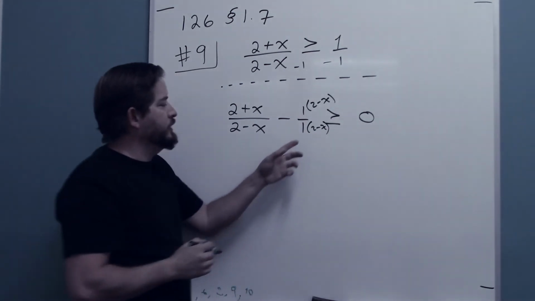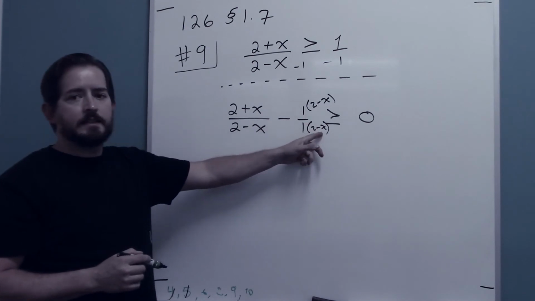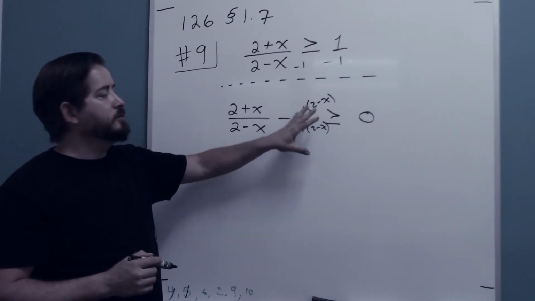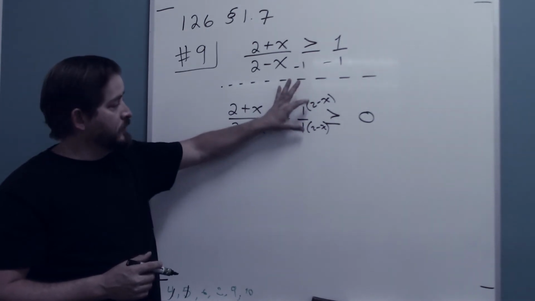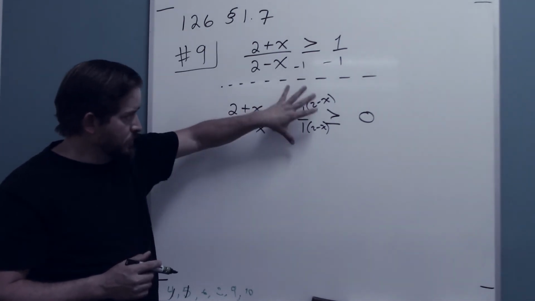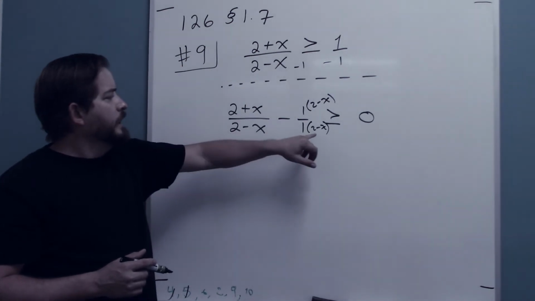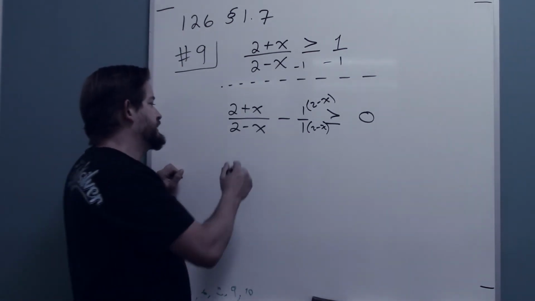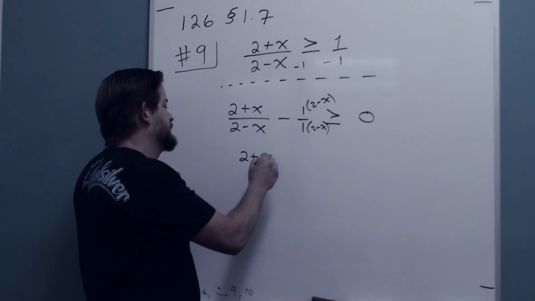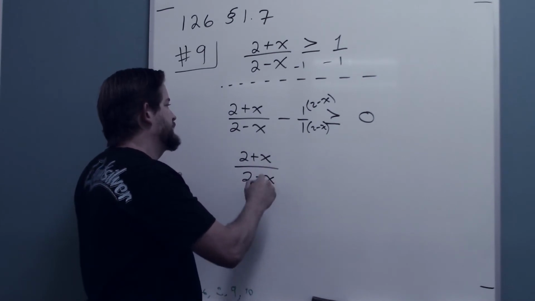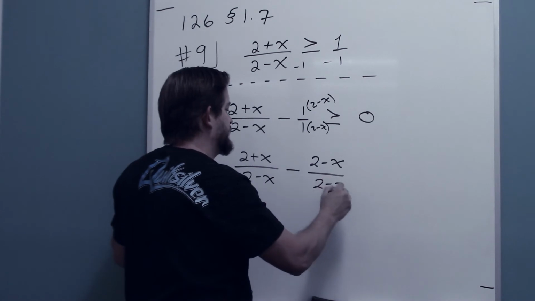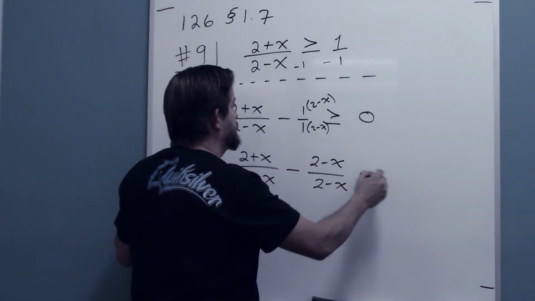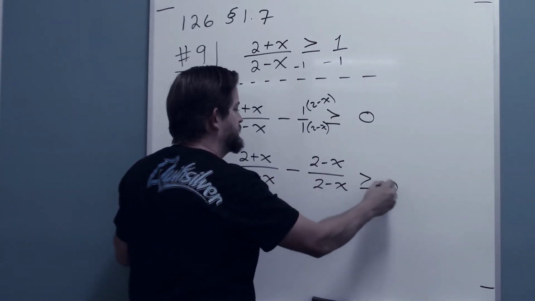And I get that for free because 2 minus x over 2 minus x, it doesn't matter if that's positive or negative, because if I divide it by itself, it's 1. This whole thing is 1, right? And that's what allows me to do this. So this gives me 2 plus x over 2 minus x minus 2 minus x over 2 minus x greater than or equal to 0.